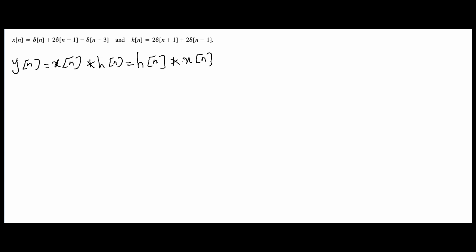You can use the graphical convolution method, or you can apply the summation formula directly. However, in this solution, we will use a more efficient approach based on two important properties of convolution. The first property states that the convolution of any signal with a unit impulse is equal to the signal itself.